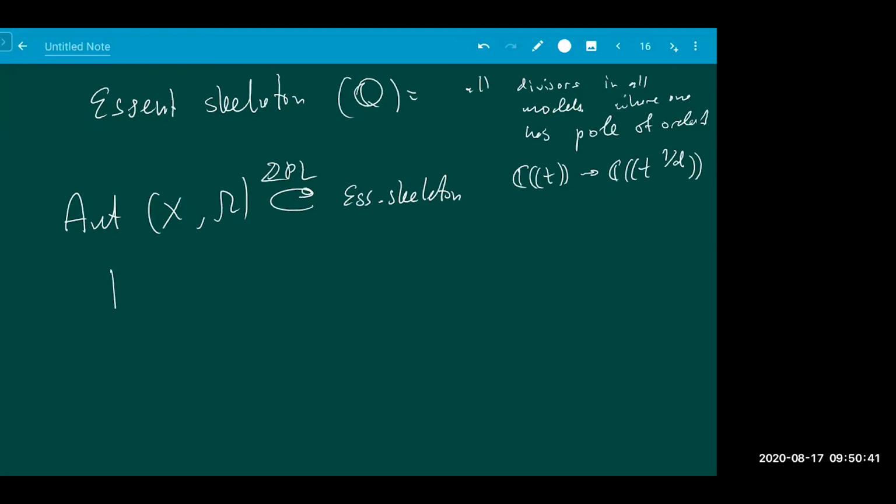One can study this example. For example, when X is a K3 surface, then the essential skeleton is diffeomorphic, or homeomorphic, to S2.